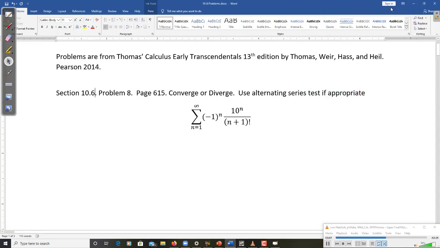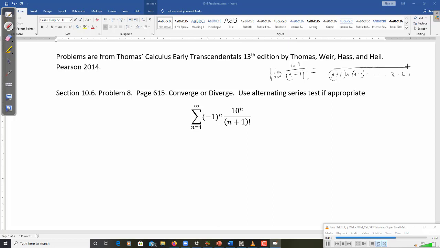I guess if you wanted to verify it, you'd actually have to do the limit problem, which we certainly could do. We've done that thing before. And when you're taking the limit of 10 to the n over n plus 1 factorial, as n goes to infinity, we'd probably just do the trick we did before of n plus 1 times n times n minus 1 times dot dot dot down to 3, 2, and 1.